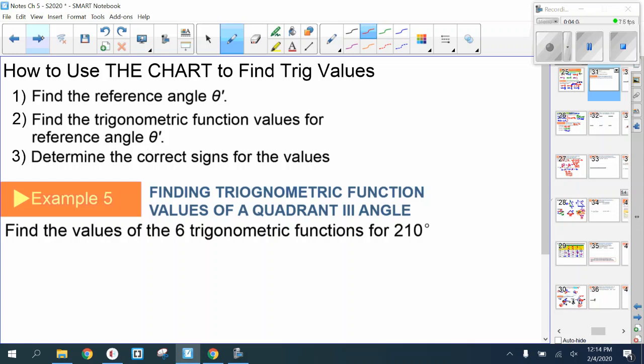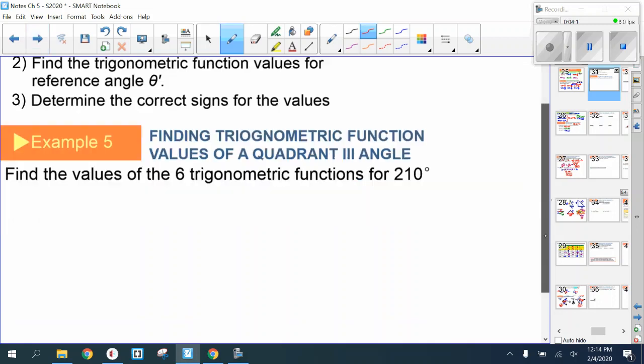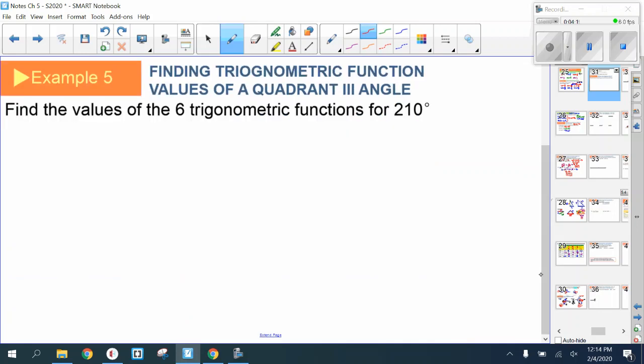So how we're going to use the chart. 1, find the reference angle. 2, find the trig function values for that reference angle. 3, determine the correct signs of the values. Okay. So find the values of the 6 trig functions for 210.